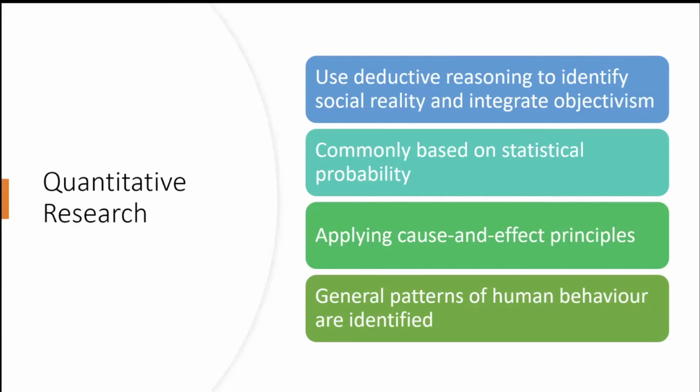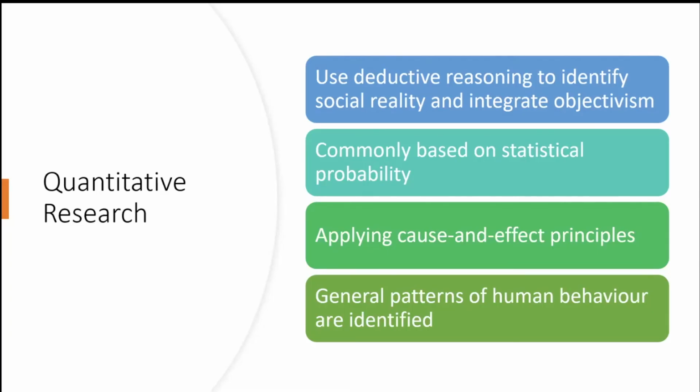Secondly, we come to quantitative research, where we also have received some examples here when you spoke. Quantitative research techniques use deductive reasoning, and it identifies social reality and integrates objectivism. So it deals with facts. Statistical probability, we have also come across this, and they are all quantitative research, and they are very important to establish the facts, commonly based on statistical probability.